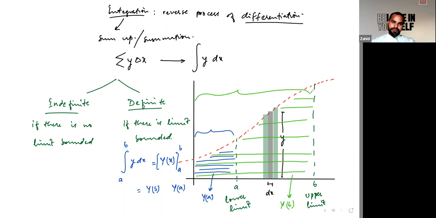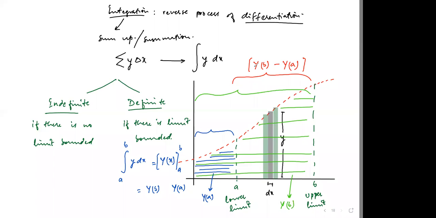But if you have to limit yourself only from this point to this point, what will you do? You will just subtract these two expressions. So it will be yb minus ya. Is it clear?